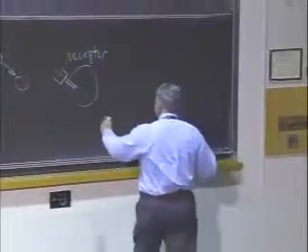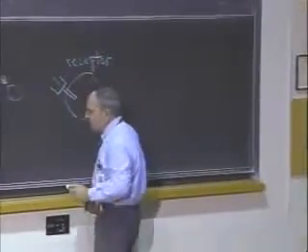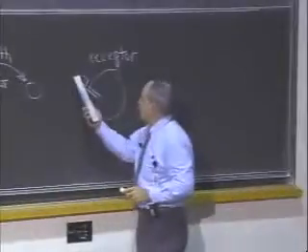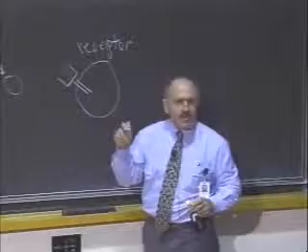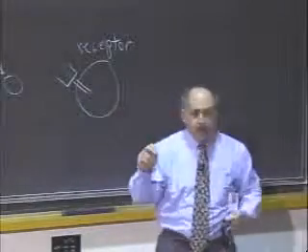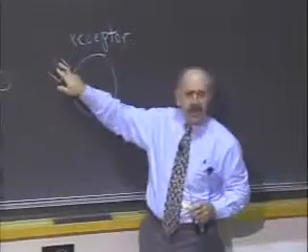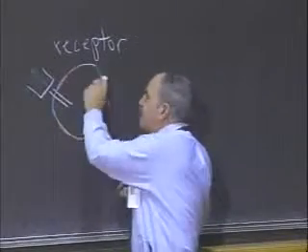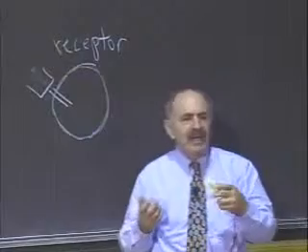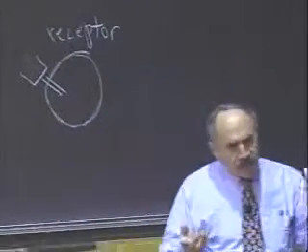And as is suggested in this very crude and poorly drawn cartoon, this receptor is a transmembrane protein. It has an extracellular domain, it has an intracellular domain, and it protrudes through the lipid bilayer of the plasma membrane. We talked very briefly about these at the beginning of the semester.